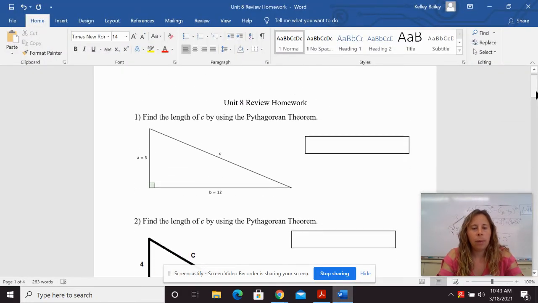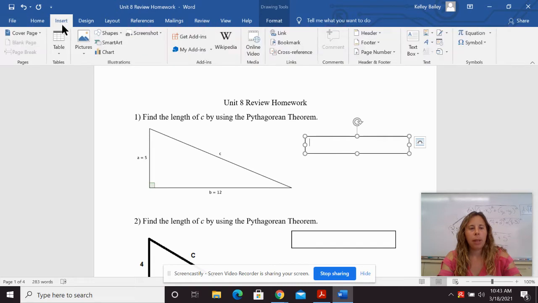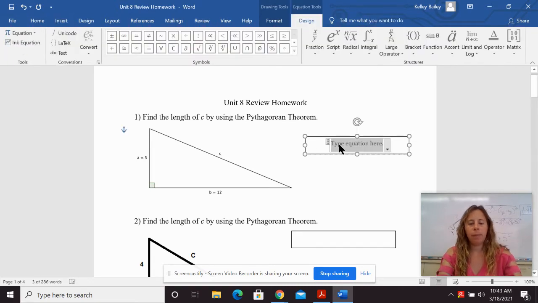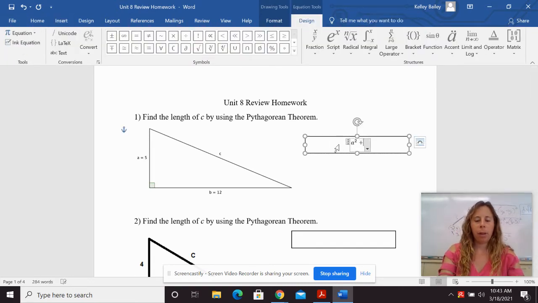So, find the length of c by using the Pythagorean theorem. Your Pythagorean theorem is a squared plus b squared equals c squared.